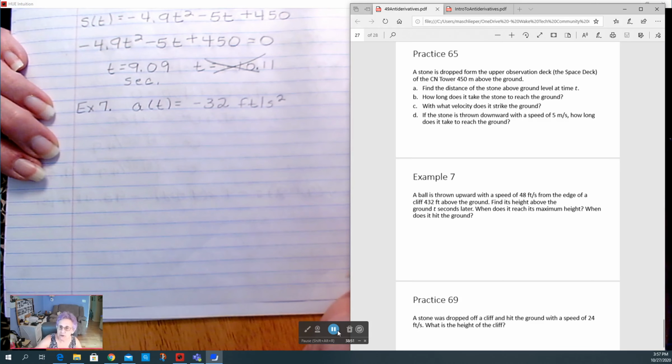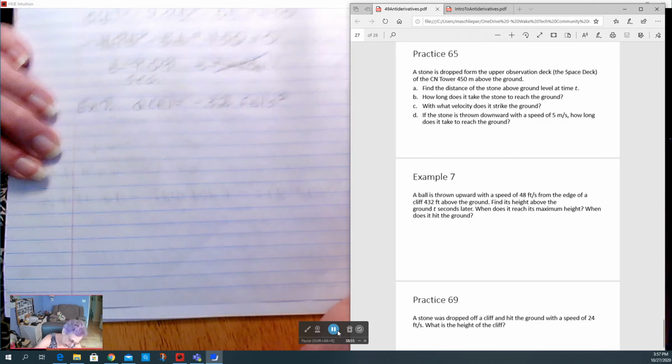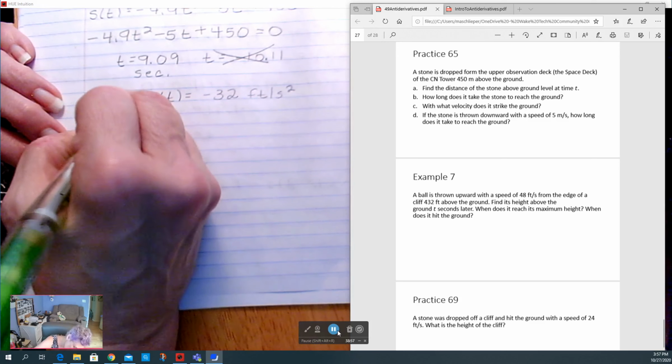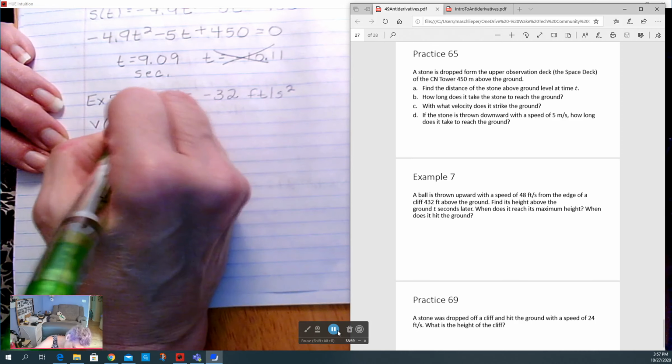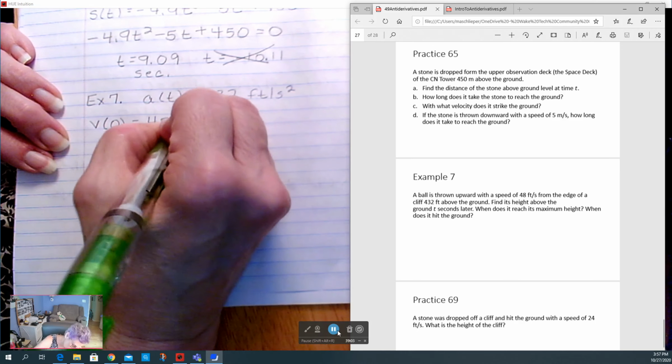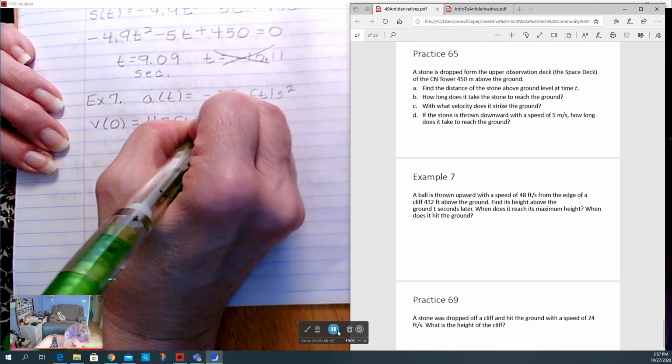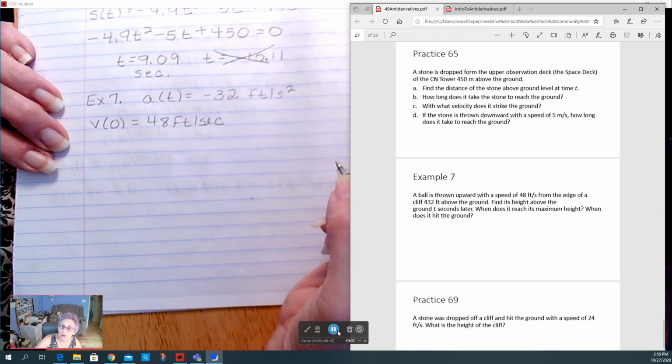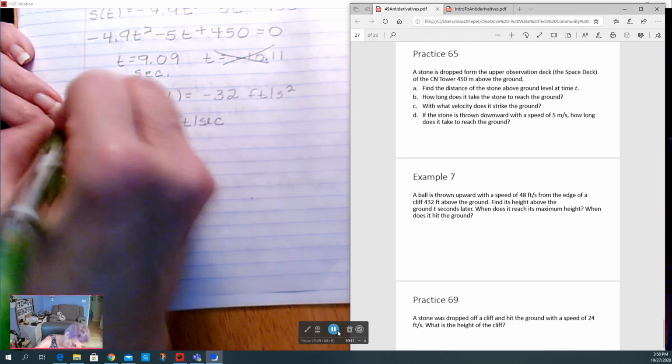Okay, it's thrown upward at a speed of 48 feet per second. So my initial velocity is positive 48 feet per second.